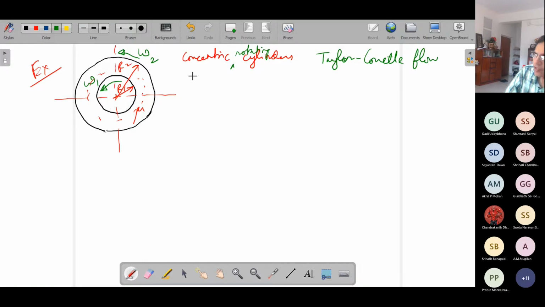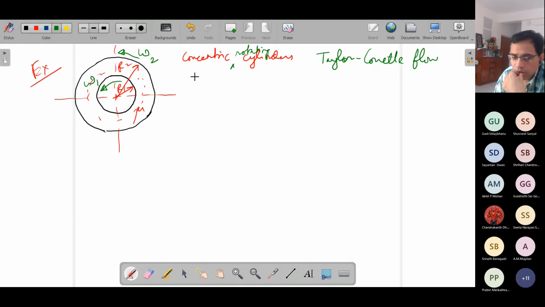Then the curvature effect will not come, and Taylor-Couette flow and Couette flow will have similar quantitative representation. But if the gap is not that small and curvature effect is important, then it is better to address it in a more rigorous way rather than simplifying these two surfaces as two parallel plates. And that is what we are going to do here.